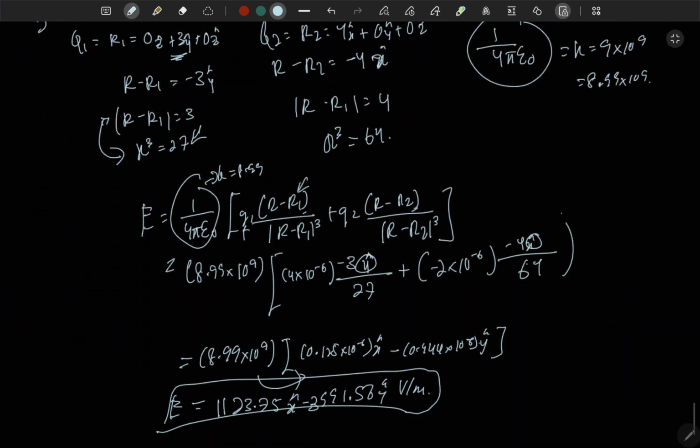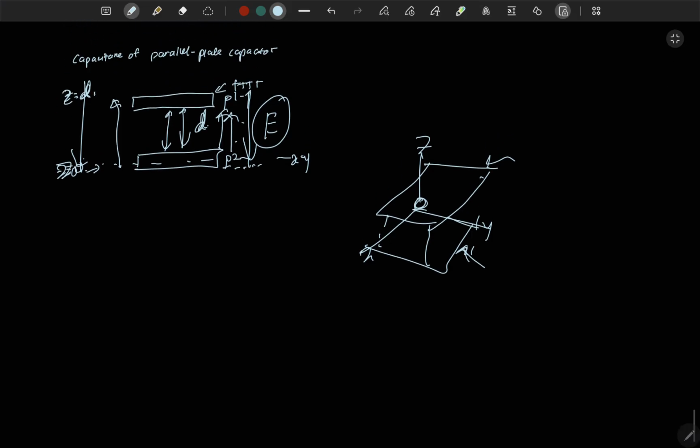Now is the main part. They ask us to express C in terms of permittivity, area and distance.